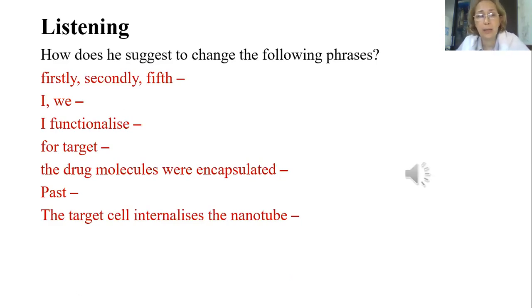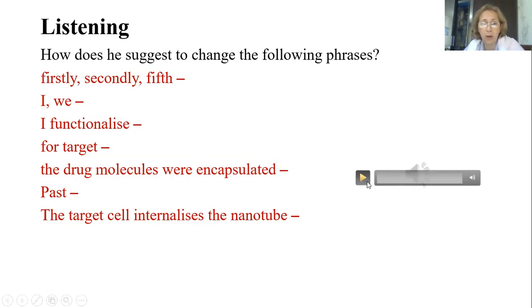So let us focus on these phrases and how he suggests to change them. We have these examples which he underlined, and now let us listen and try to understand what kind of structures should be used instead of the phrases which are given here.